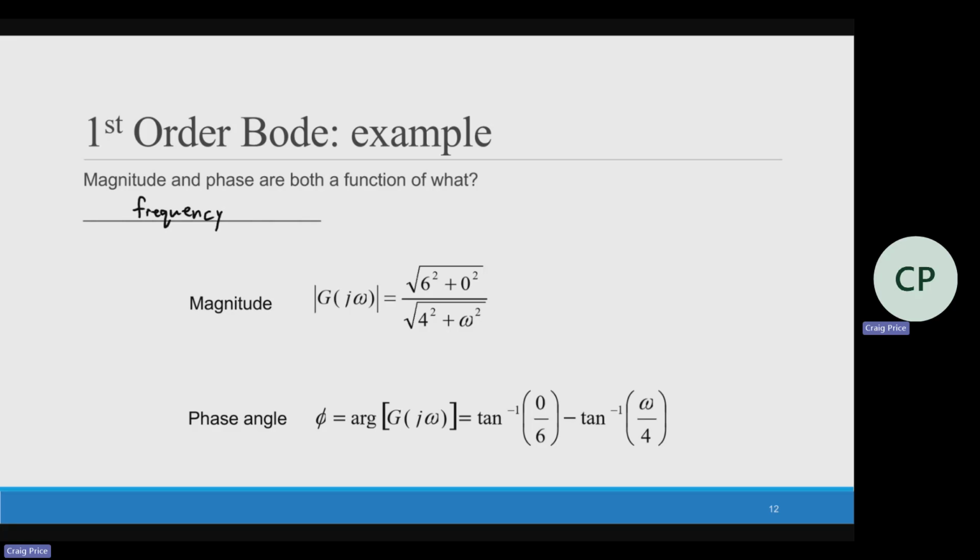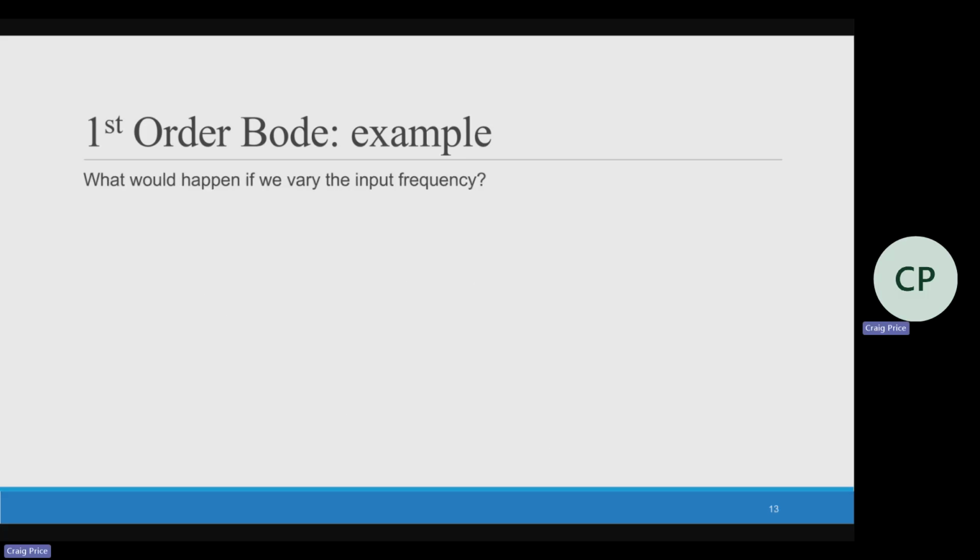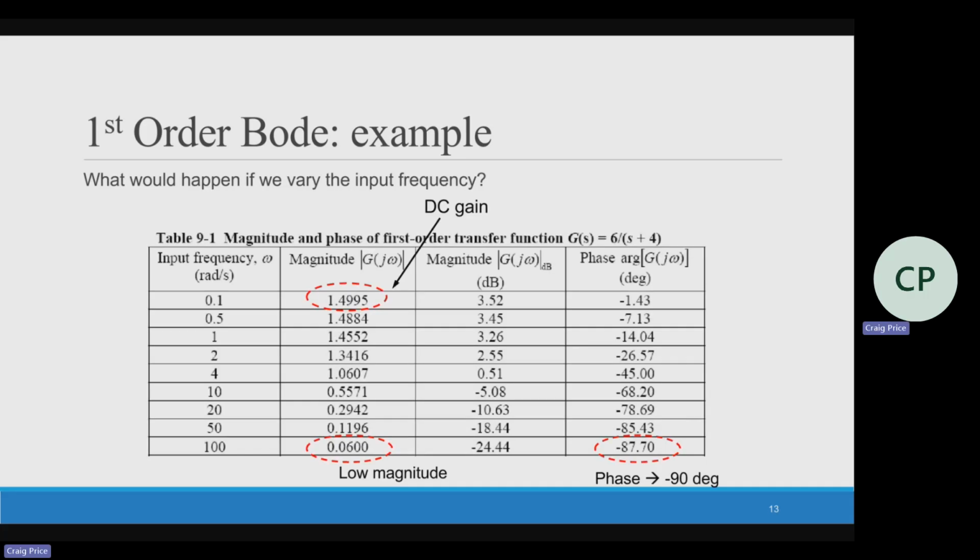So as frequency is low compared to when frequency is high, that's where we see a large change in the phase angle and magnitude. So we could plug in a bunch of different frequencies. So we've got this table here. Let's say from those two equations, we plug in 0.1, and we plug in 0.5, and we work our way all the way up to 100 radians per second.